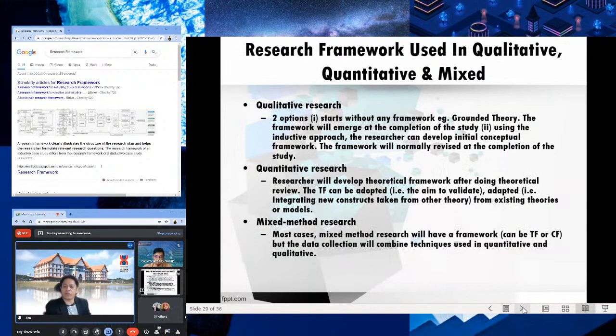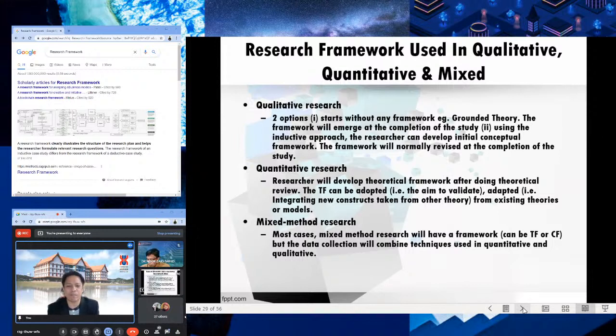We move to the next topic: how are we going to use the research framework in qualitative, quantitative or mixed research. As I said just now, for qualitative research, maybe you can start without any framework, for example with grounded theories. Or after you have the grounded theories, you can start developing the framework, which is a combination of the theories that you selected, composed into one framework so that you have a basis and direction for your research.